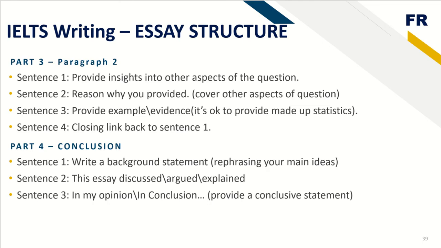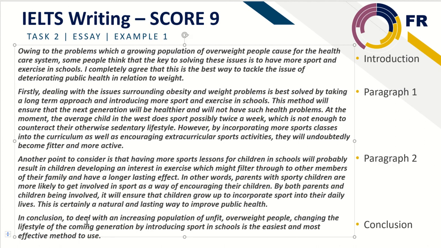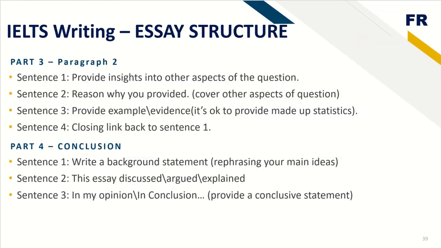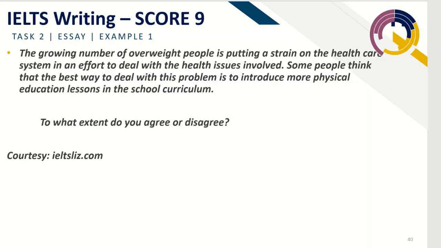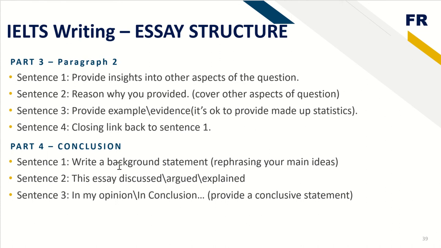Now let's look at the last paragraph, which is the conclusion, where you write a background statement, mention what you discussed in the essay, and conclude by saying "in conclusion." Let's see how that's done. You could have given some more points, but you could have concluded this way: you wrote the background stating that more and more people are being affected by obesity as a problem.